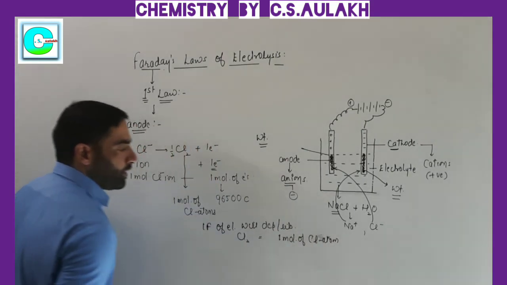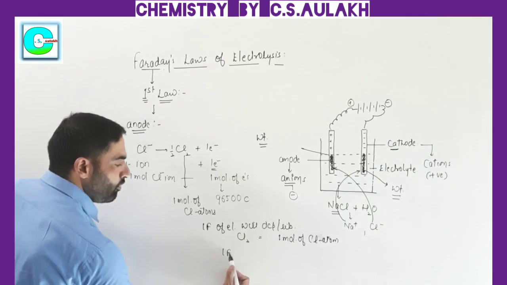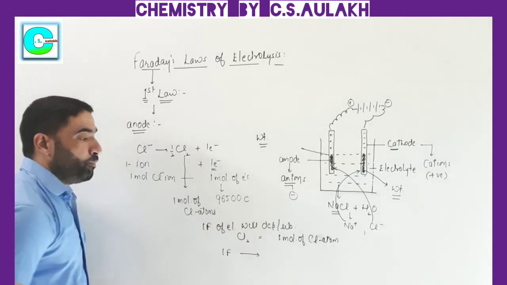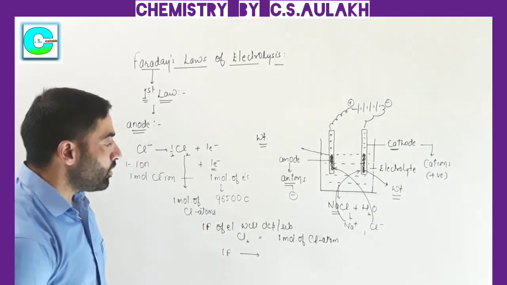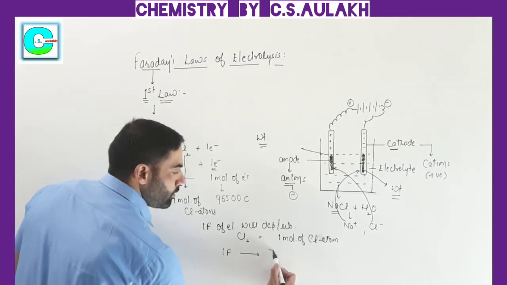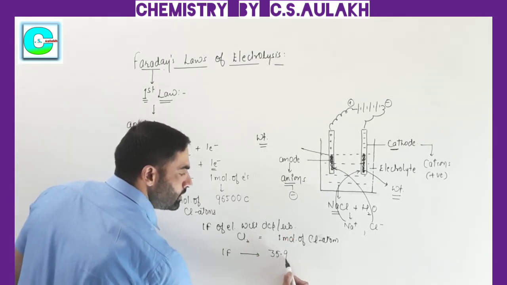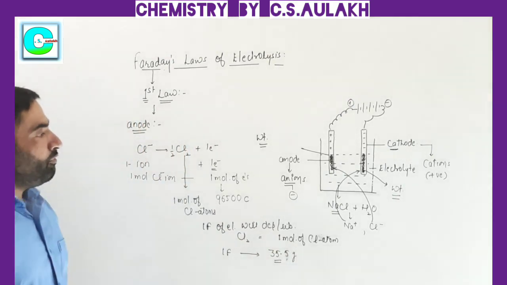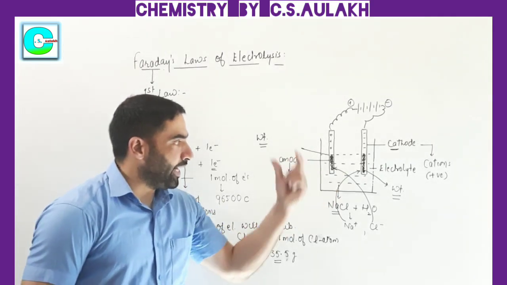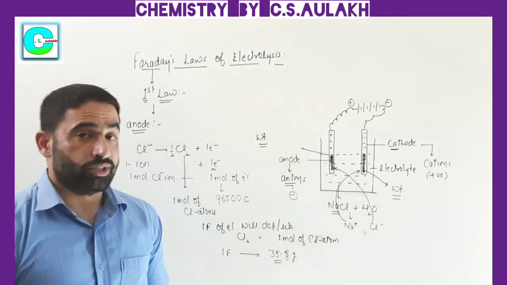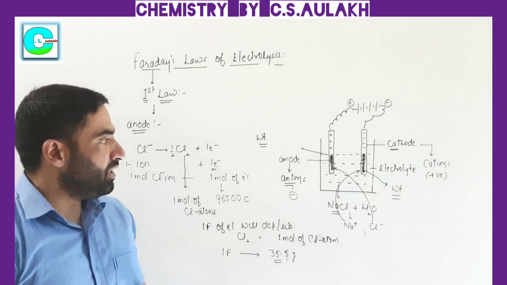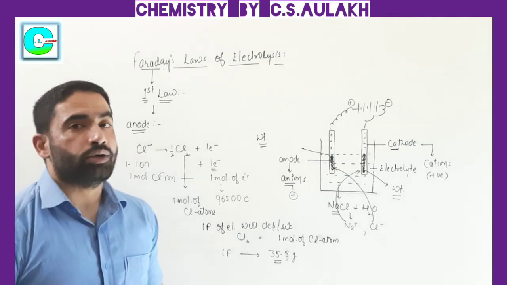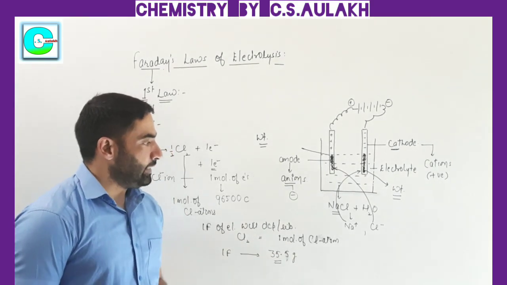Or we can further write 1 Faraday of electricity will produce the mass of chlorine equal to its gram atomic mass, 35.5 gram. So with this we can determine the weight of chlorine liberated over the surface of anode if we pass electricity through the aqueous solution of NaCl.